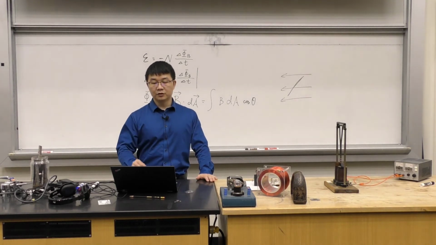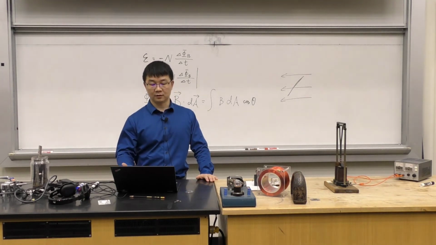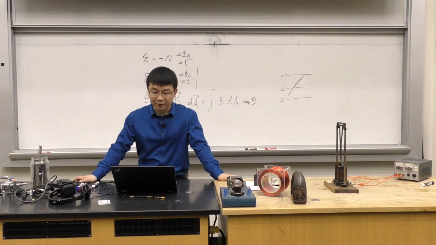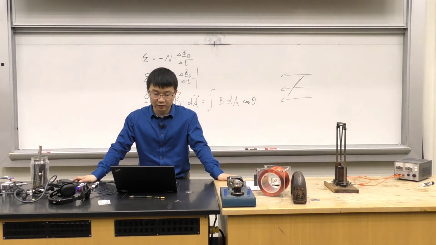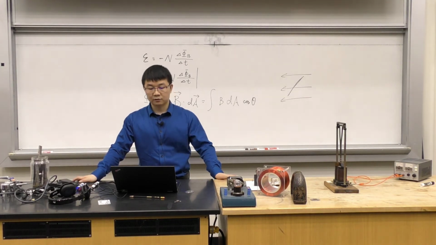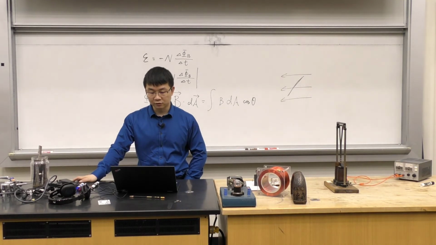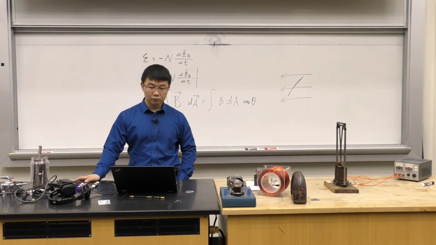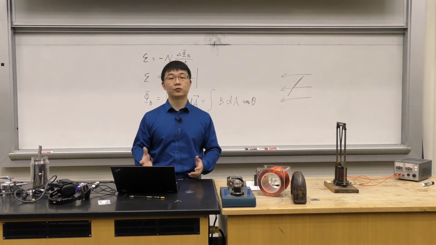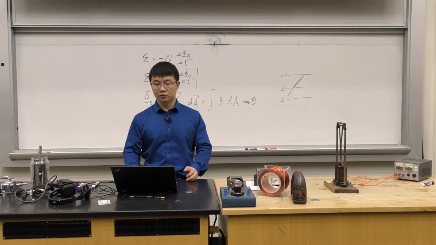So these can be used as a brake, called eddy current brakes. Take a look at slide 19. These eddy current brakes are widely used in trains and roller coasters. Why? Because they don't require contact, so it's better than using friction.